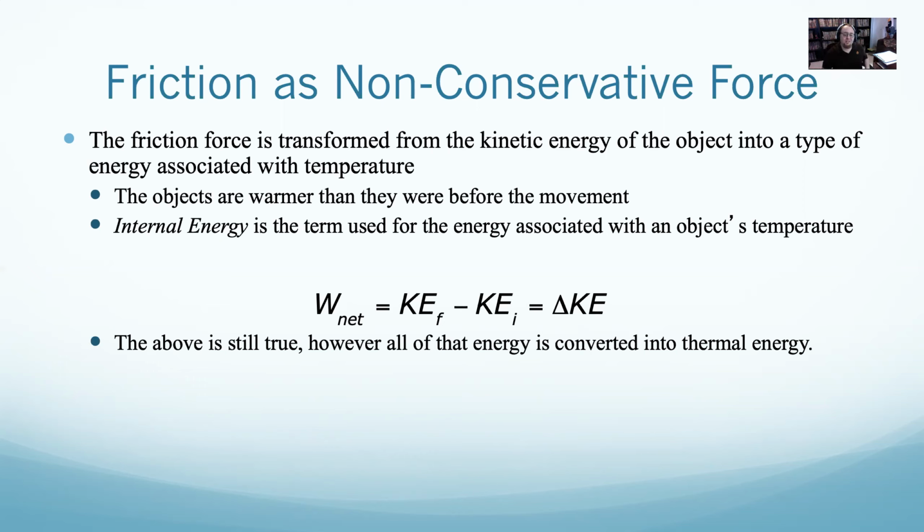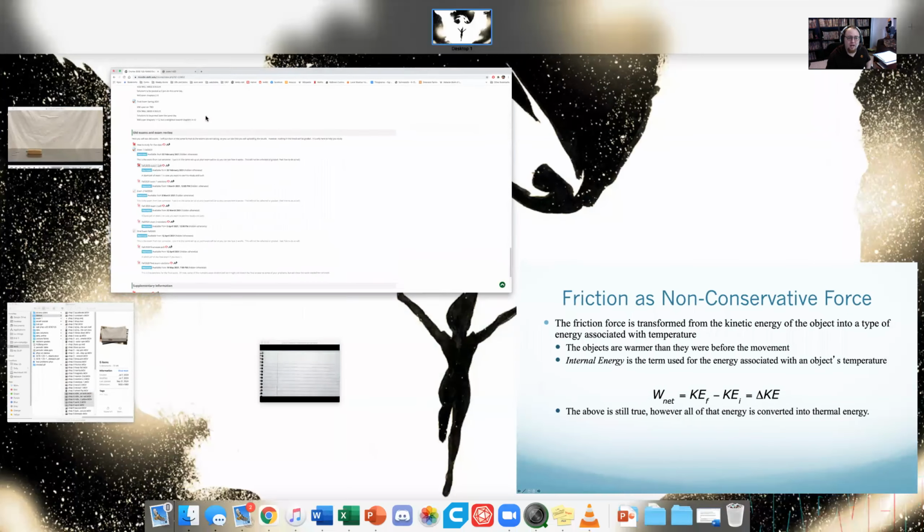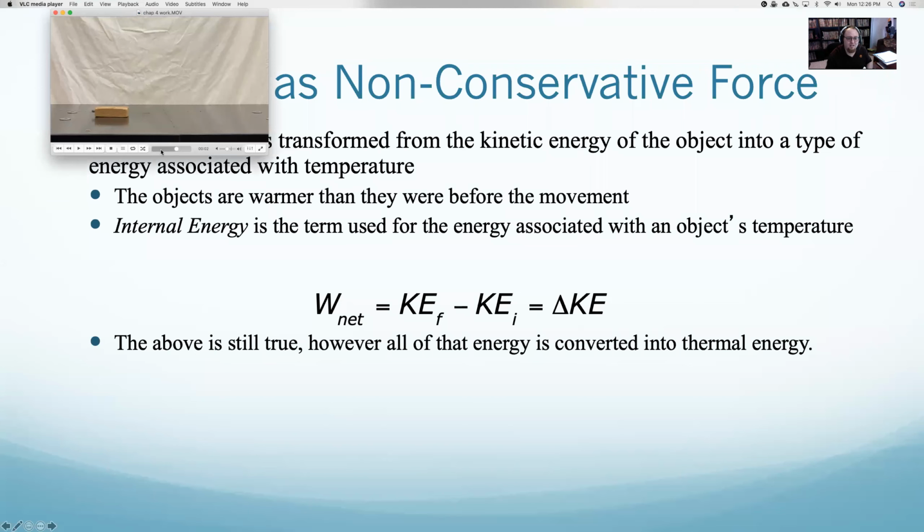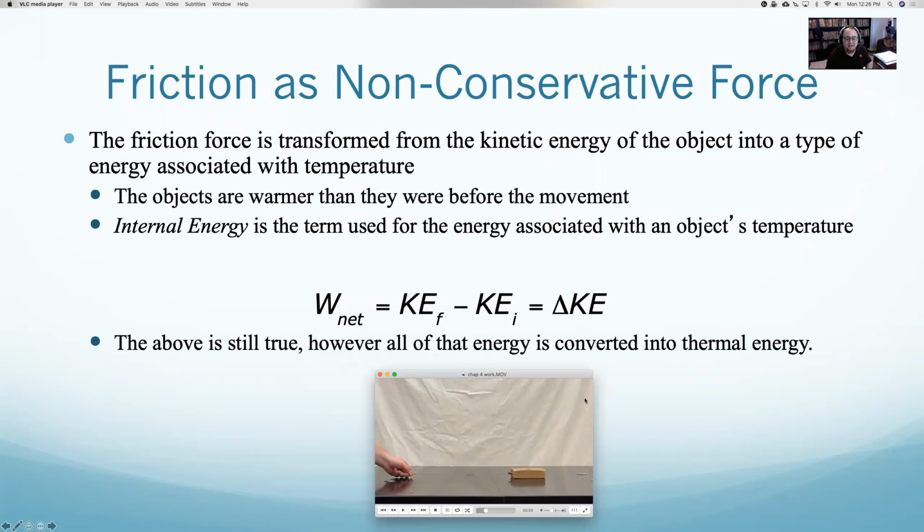Anytime you do work, there is a change in kinetic energy. But sometimes it is not the thing's own kinetic energy that changes, it is the molecules inside. When I slide this block across the table, its velocity might not be going up, but the molecules of the wooden block touching the desk, they're moving a little faster inside. Now, the speed of molecules inside is called the internal energy and is related to temperature.